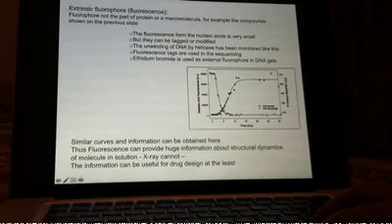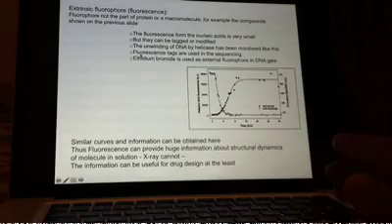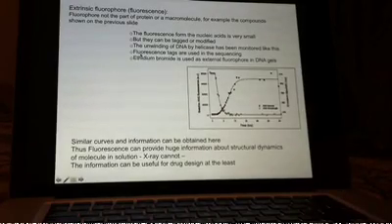It has started exposing its hydrophobic patches, so that the external fluorophore is binding to the molecule and changing its fluorescent properties. So in this way we can monitor the folding and unfolding of a protein in real time. Similar curves and information can be obtained from extrinsic fluorophores, as I showed for the intrinsic fluorophores.